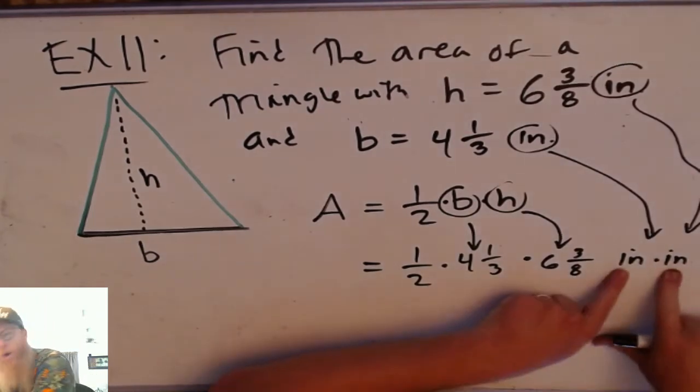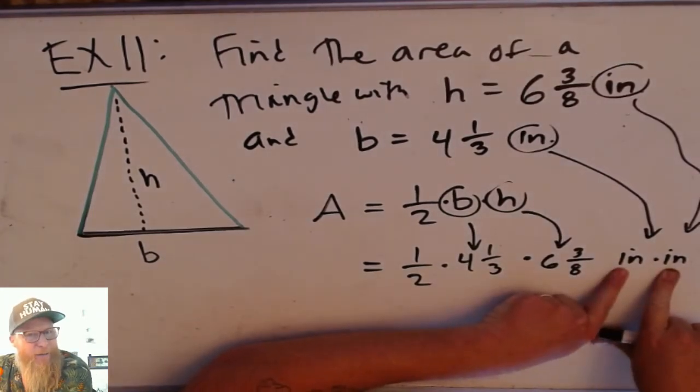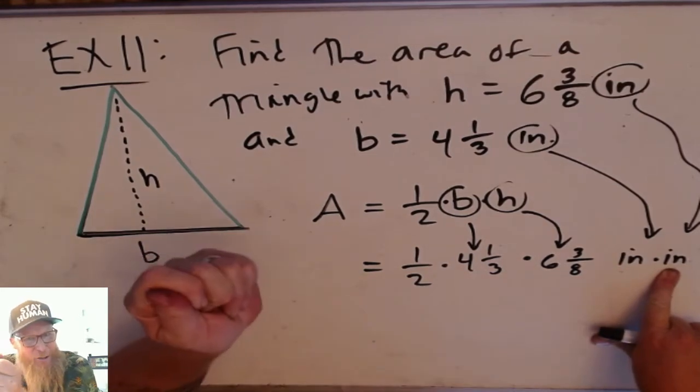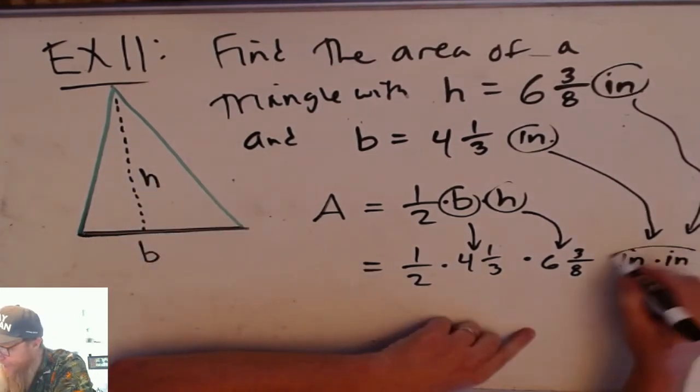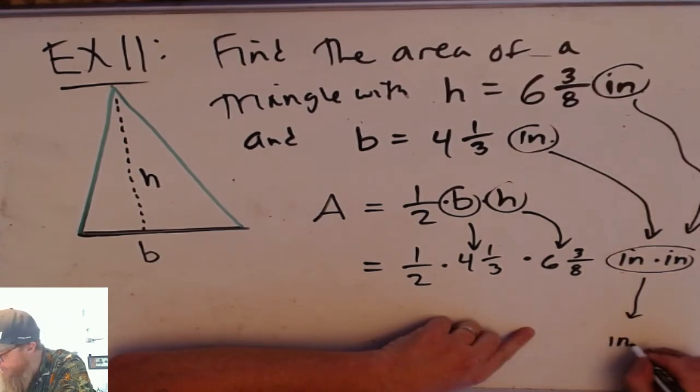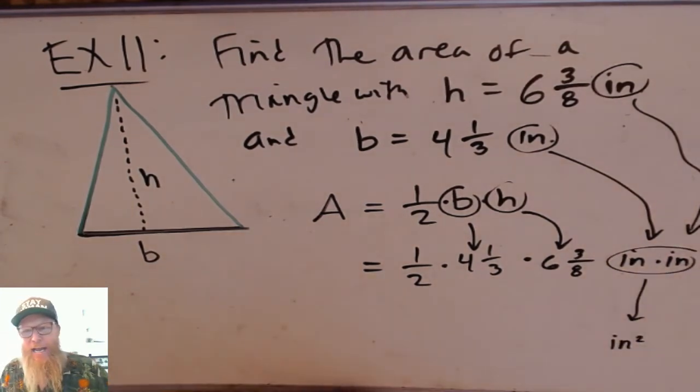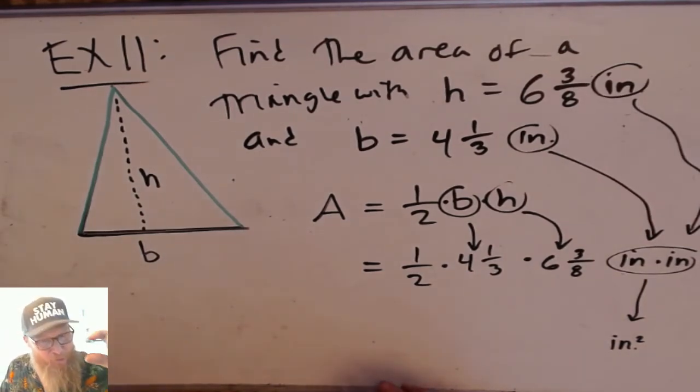Which is why we call them square inches, by the way. Because you're multiplying something that's inches times something else that's inches. You're going to get in squared, also known as square inches. A square inch is a little square that's 1 inch on each side.